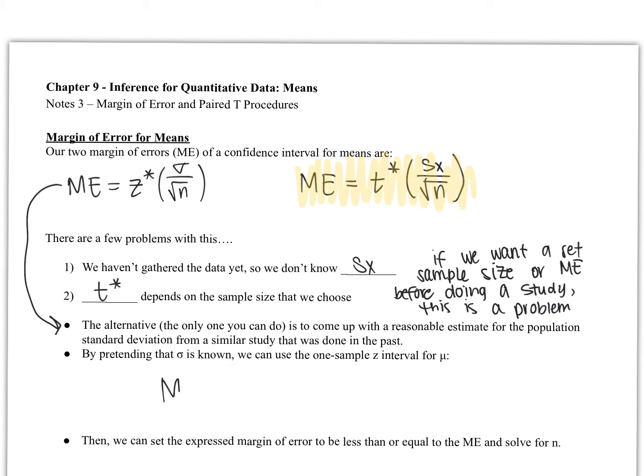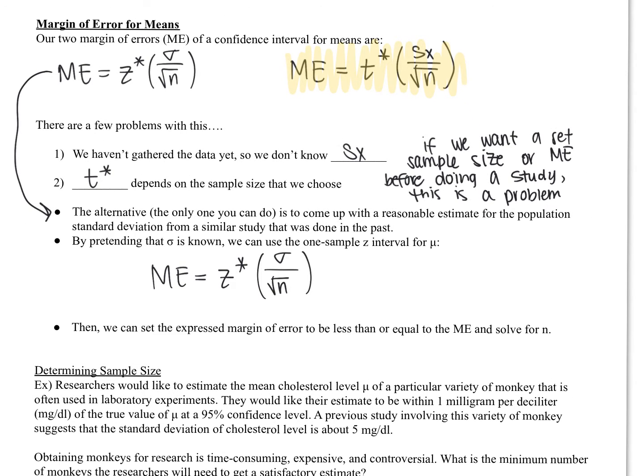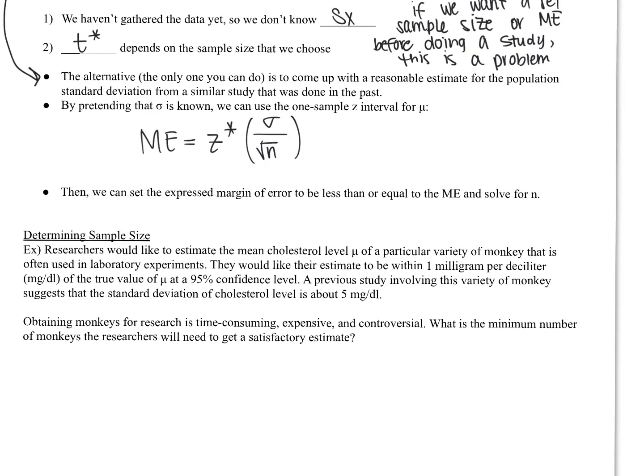So we're going to end up using the margin of error formula for a z critical value, which uses population standard deviation over the square root of n. That way we don't have to worry about a t critical value and a sample standard deviation, which is all based on n anyway. Therefore, with this formula, we can set a margin of error to be less than or equal to a certain value, and we can solve for n.